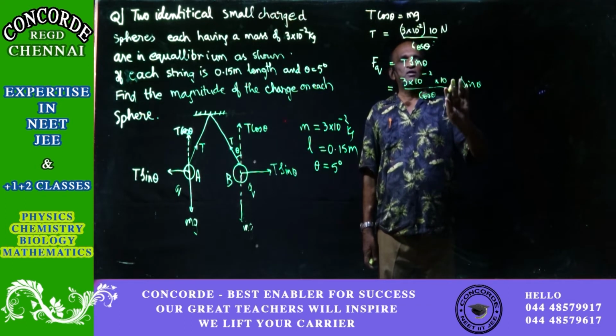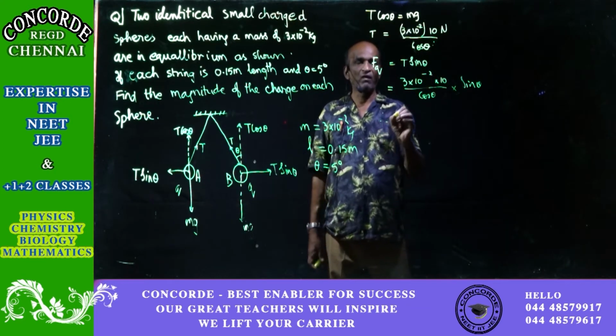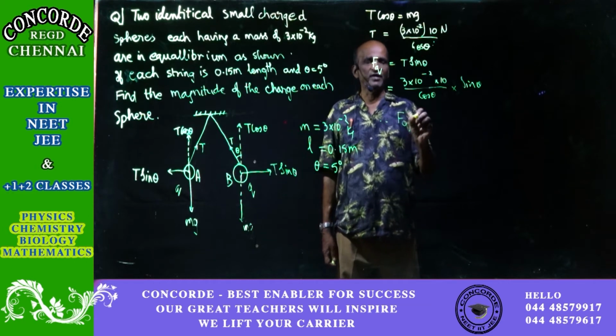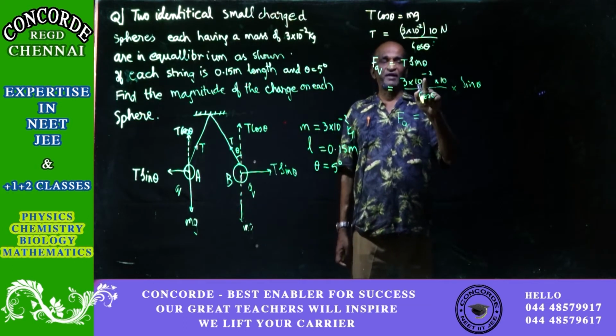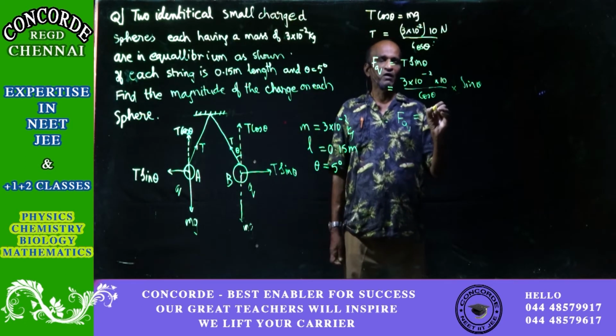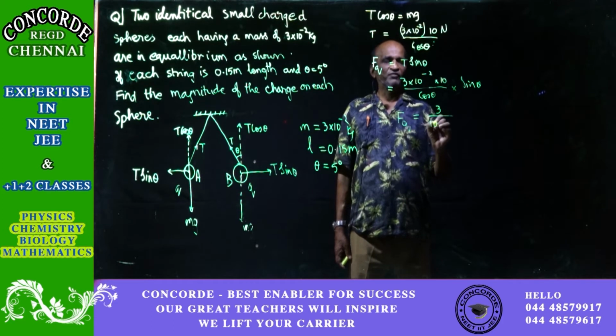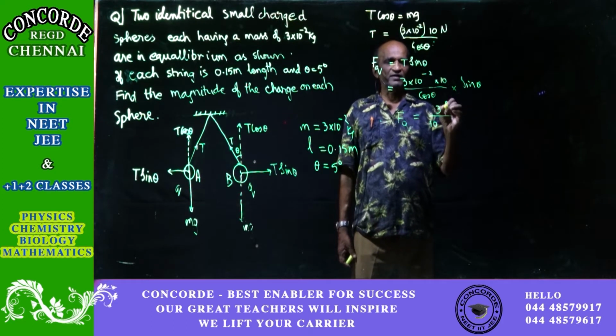Therefore F_q is equal to 10 power minus 2 into 10, which is 1 by 10, into 3, so it will be 3 by 10. After that, sin theta by cos theta is tan theta.